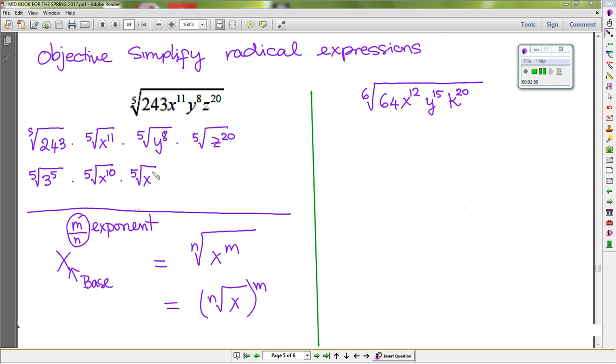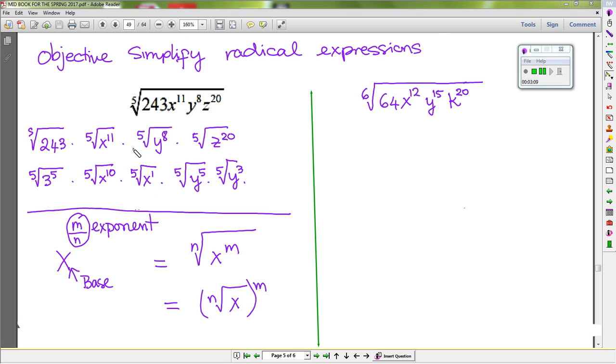So we break it down again, the 5th root of x to the power 1, and then y to the power 8, we write as y to the power 5 times the 5th root of y to the power 3.